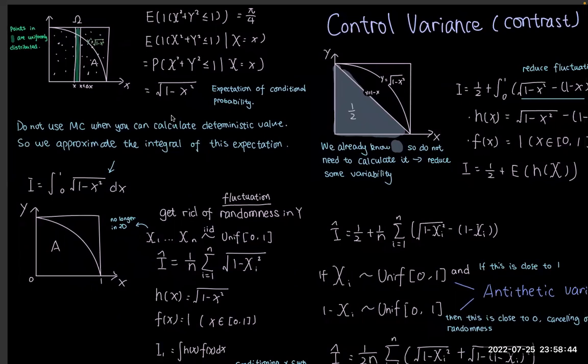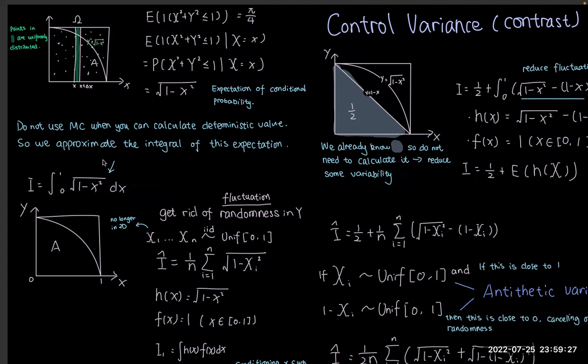So we rewrite this integral, which is the expectation, because the expectation is the probability. The probability is like the long run frequency of the points that fall below this curve. And the proportion of points in this vertical slice is the area of the slice, which is delta x times 1, so delta x.